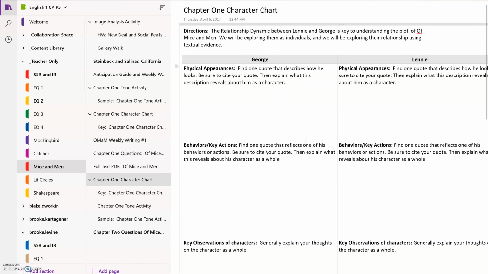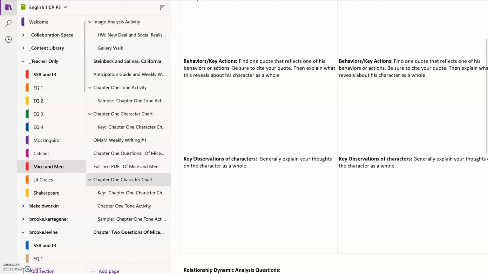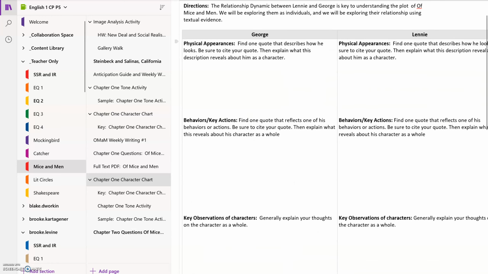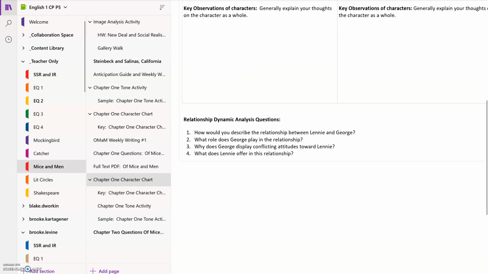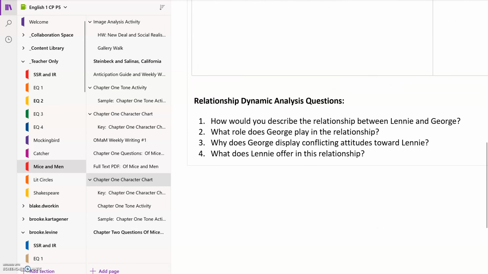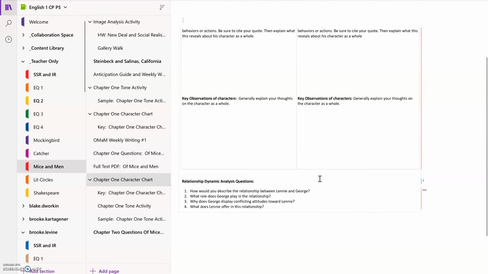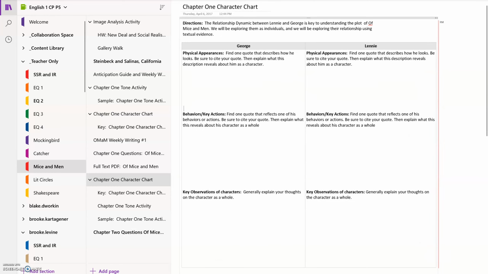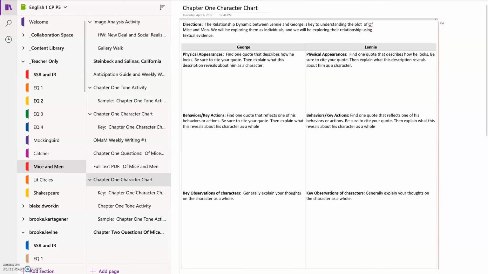You're going to fill them out: physical appearances, behaviors, key actions, key observations for both George and Lenny. And you're also going to answer these 4 relationship questions at the end. Okay? That should take you about 10 minutes, 15 minutes max.